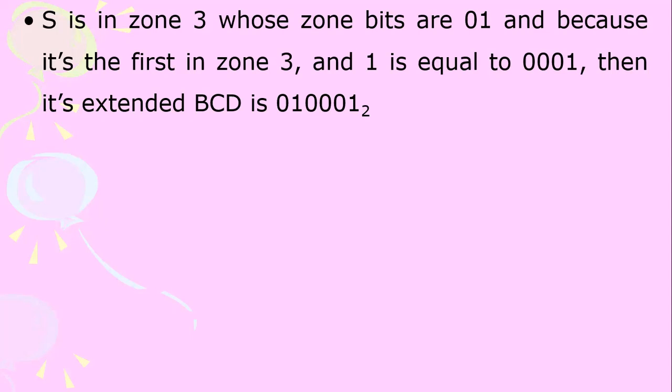And 2 is represented as 0, 0, 1, 0. Therefore, the BCD for T will be 0, 1, 0, 0, 1, 0 to base 2.